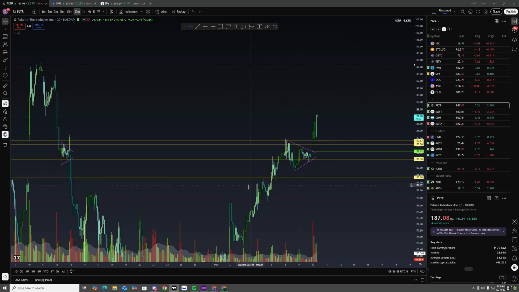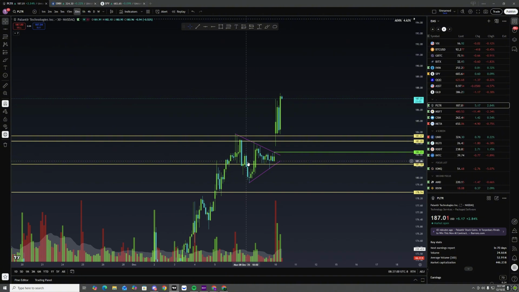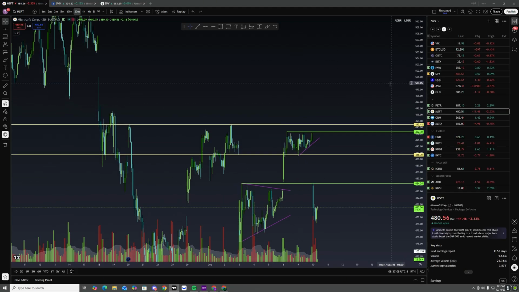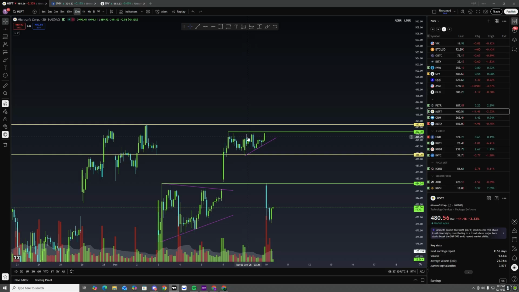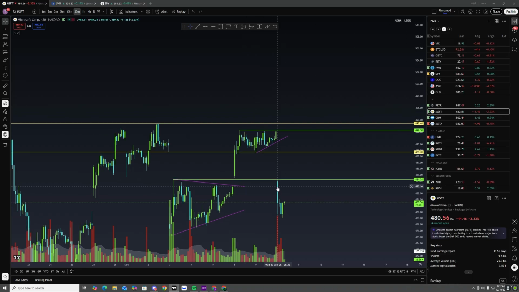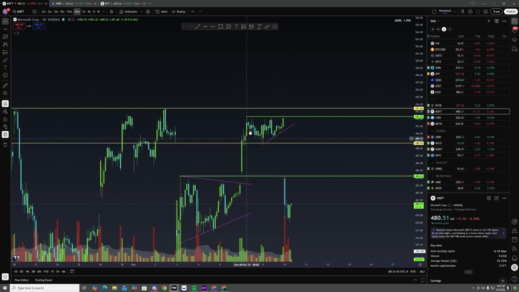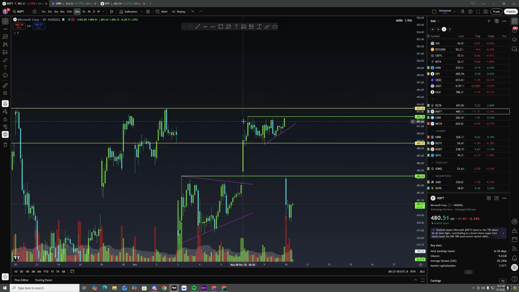But that's a little bit beside the point. The point is Palantir is a pennant wedge. Okay, move up, higher lows, lower highs, right? Coming together. Palantir pennant. And then Microsoft I was also watching today, except this got invalidated since we gapped lower, but the main point is the setup. So we have our move up, and then we have our ascending wedge.